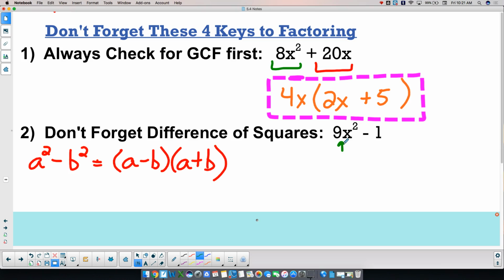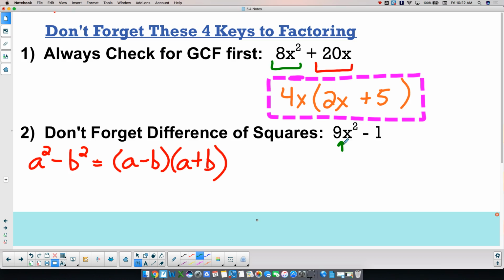Is 9x squared a perfect square? If 9x squared is a perfect square, both the number and the variable have to be a perfect square. Is 9 a perfect square? Yes. Check your list. Yeah, third one on the list, right? Is x squared a perfect square?